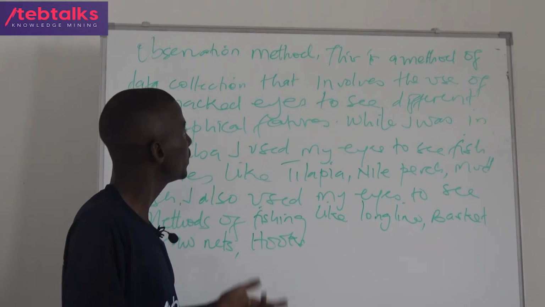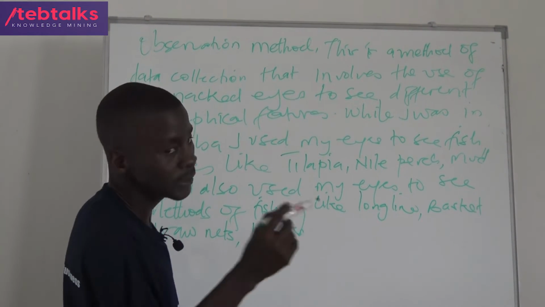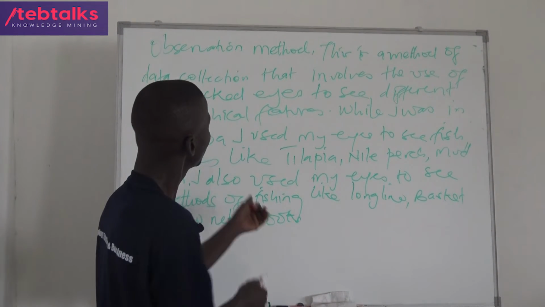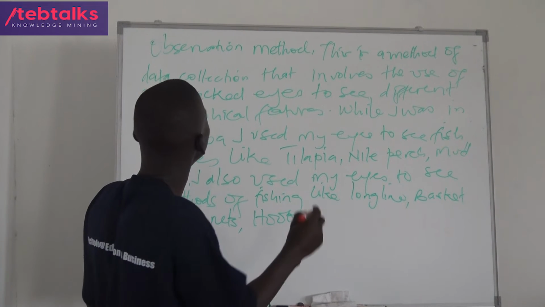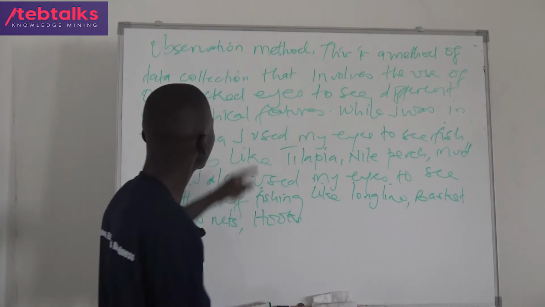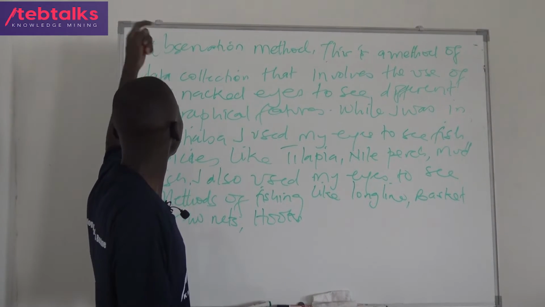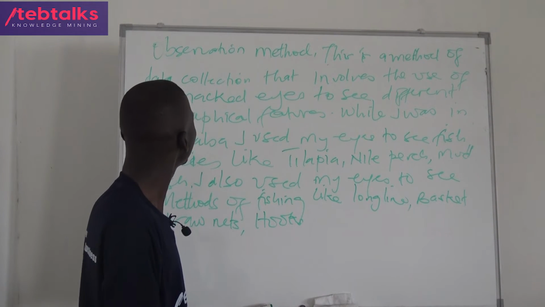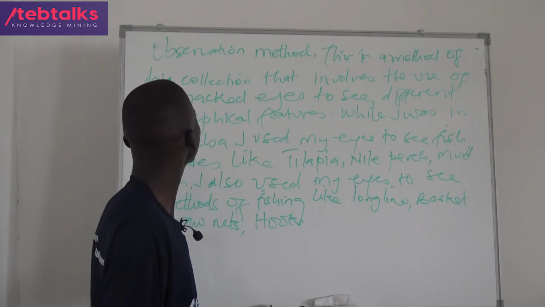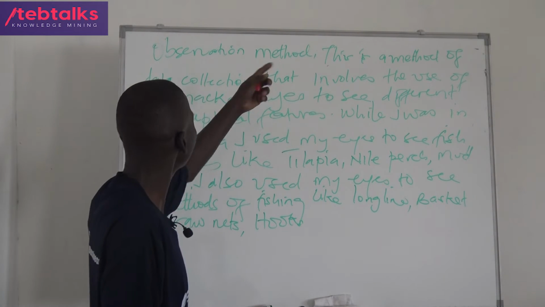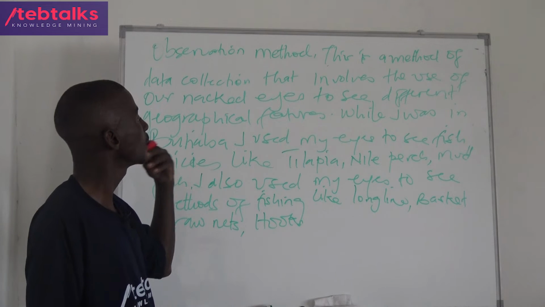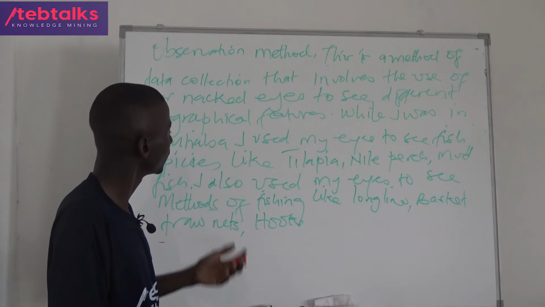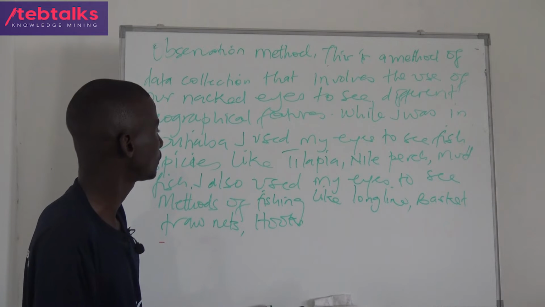When the examiners are marking, first of all, this is what they are going to mark. The first thing is, have you identified the method? Yes. The method is observation. Then, have you defined the method? Yes. I have defined the method of data collection that involves the use of our naked eyes to see different geographical features. Yes. How did you use it?